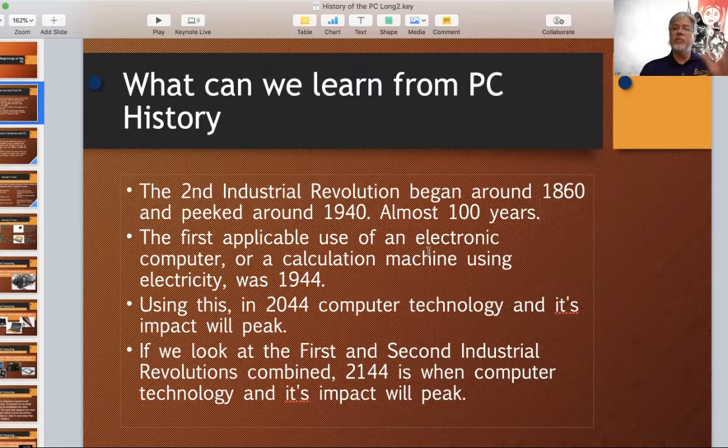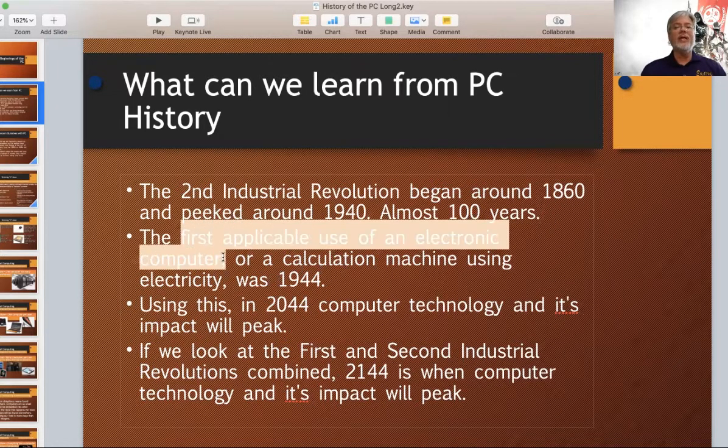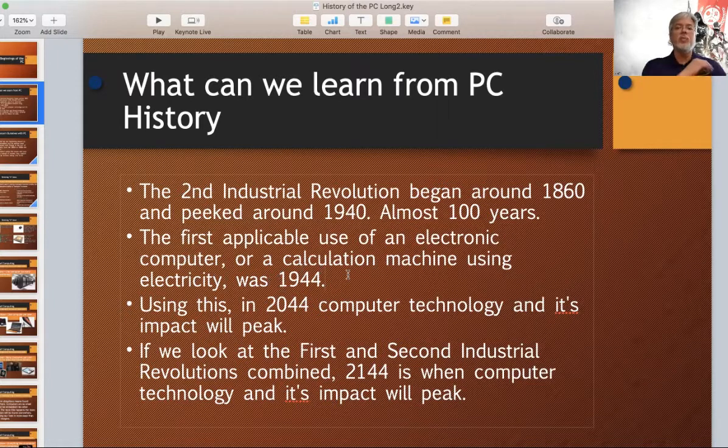So if we take that scenario and we say, well, the first applicable use of an electronic computer. If you really go back in time, they start calling all sorts of things computers because the term computer means to just compute, to just do a calculation, right? And you can do that with stones and set them on the ground. So the first electronic computer, the grandfather, or great-great-grandfather, of what we have, was in 1944.